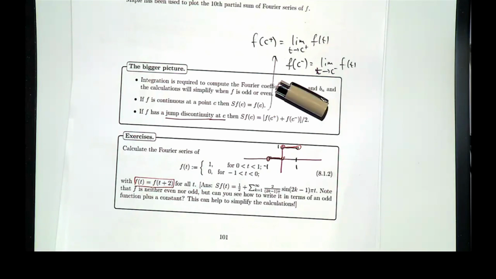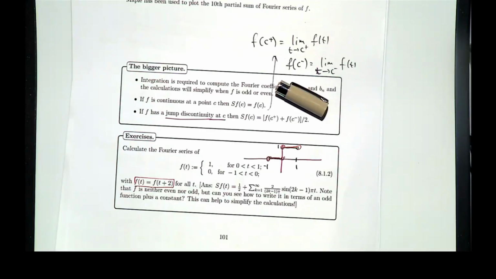So there is a fast way and a slow way of doing this problem. Who can suggest a strategy to simplify the situation? It's almost an odd function, so you just bring it down half a unit.